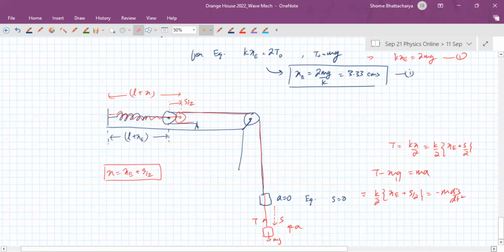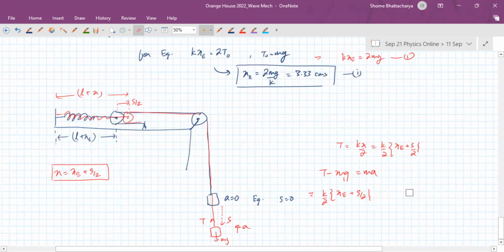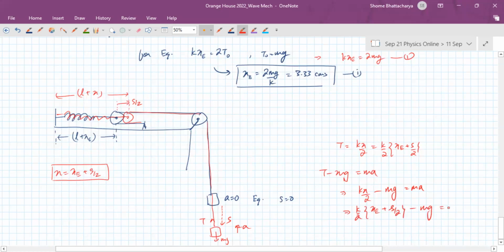So include that. This is our second equation. Now you incorporate this over here.